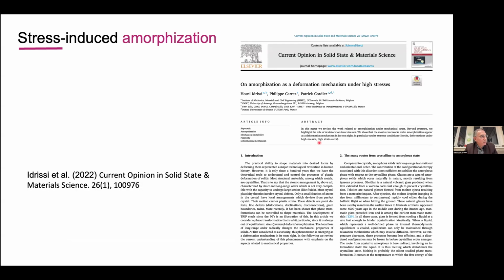So looking back at the literature, we think that there is a large body of consistent evidence that this kind of shear amorphization, of stress-induced amorphization, not only exists, but also can act as a deformation mechanism. And this is something that we wanted to emphasize in this paper that we wrote in 2022.